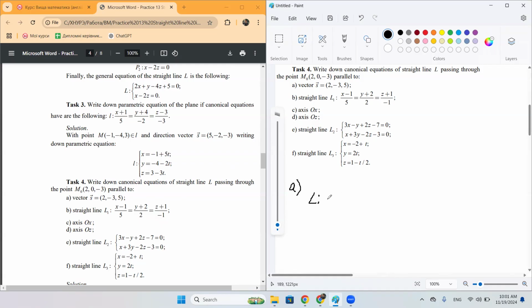And then we are writing down the canonical equation. So x minus 2 by 2 equals y by minus 3 and equals z plus 3 by 5. So any questions?